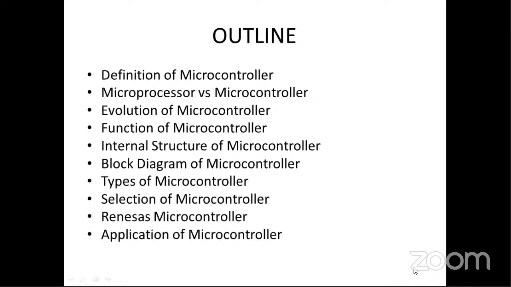Proceeding further, we will be dealing with types of microcontrollers and how to select a particular microcontroller. And then we will proceed to our main microcontroller, that is nothing but the Renesas microcontroller RL78 series family, and the application of controller.